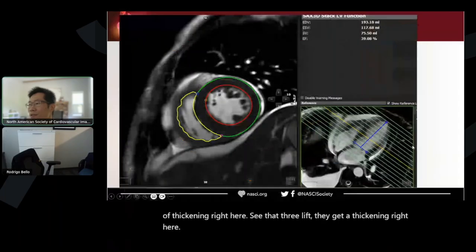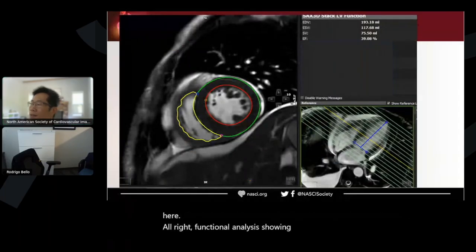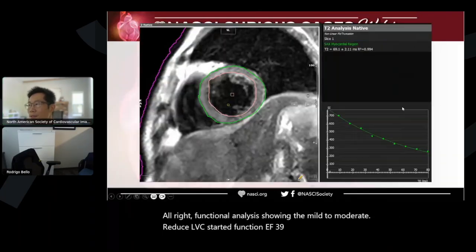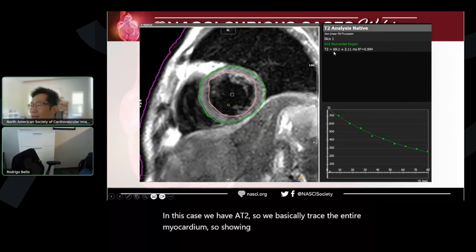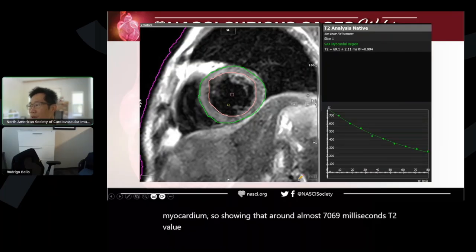Functional analysis showing mild to moderately reduced LV systolic function, EF 39%. In this case, we have a T2. So we basically traced the entire myocardium, showing almost 69 milliseconds T2 value, which is elevated. As you see the curve, it dropped a little bit higher, slower than the normal.